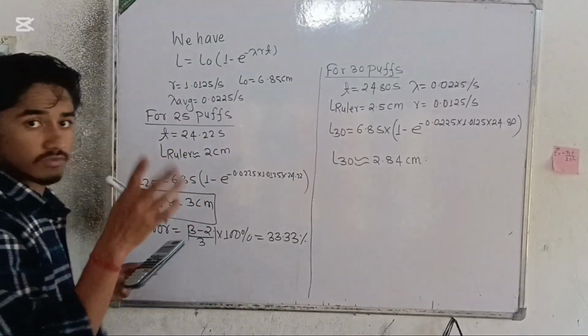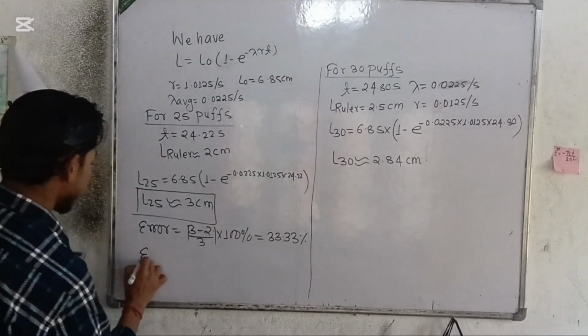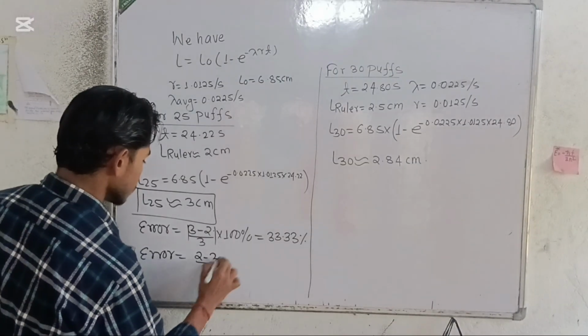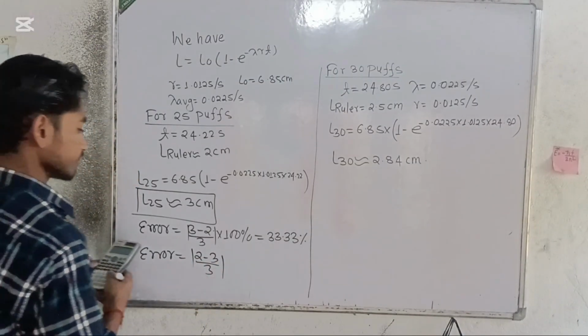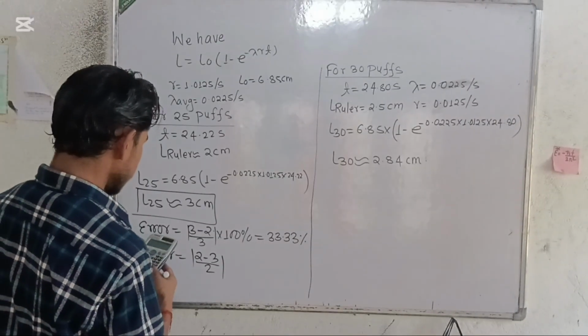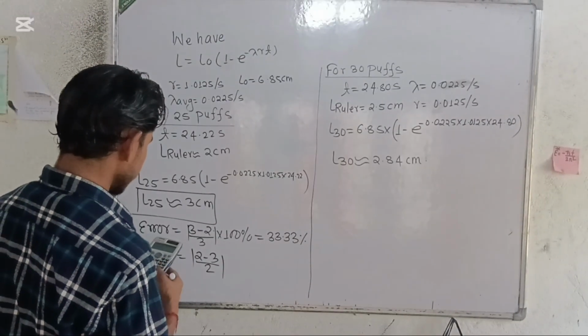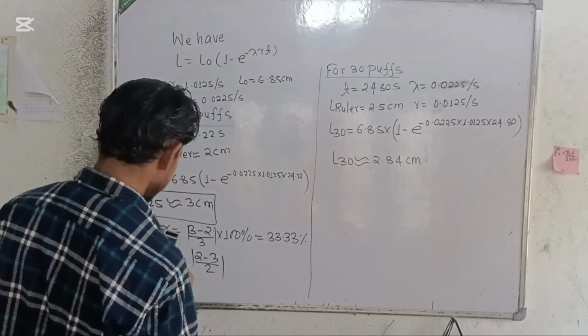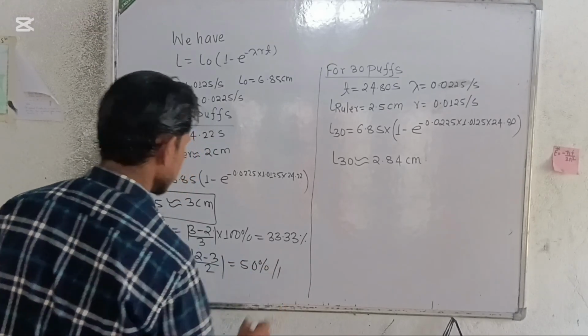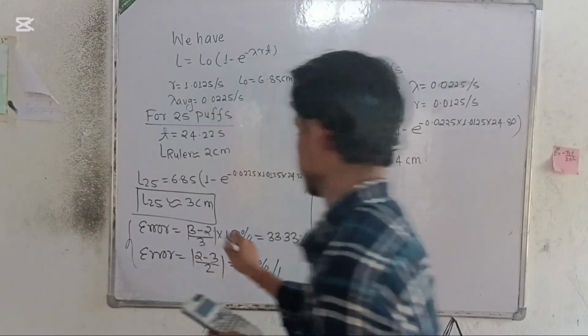I forgot the actual formula for error, so I am doing another calculation so you can actually say which one is true. I am taking 2 out from here and taking 2 in the divisor. So 2 minus 3 divided by 2 into 100, and it is going to be 50% error. Okay, so one of these might be true.